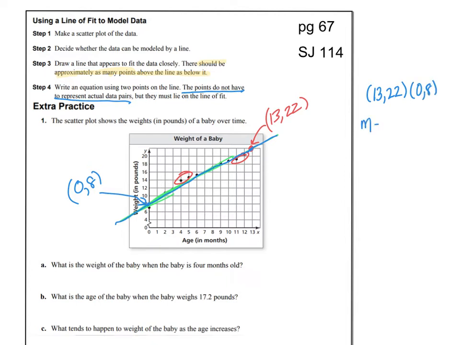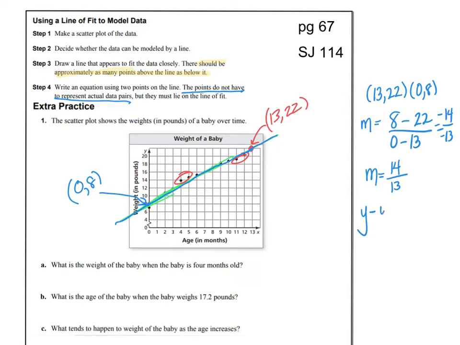I'm going to find the slope first, y2 minus y1 divided by x2 minus x1. I believe that's negative 14 over negative 13. So my slope is going to be 14/13. I actually selected the y-intercept, but I want to go through this and find the y-intercept. We'll see if I get 8 as my y-intercept.